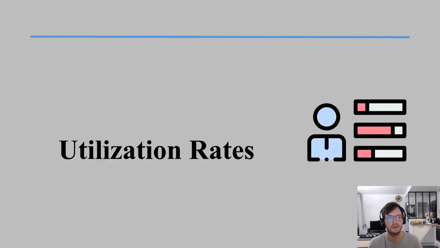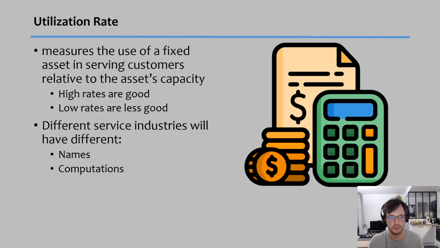The other thing I want to finish with is to talk about utilization rates. Utilization rates are measures that we use in services to analyze how a fixed asset serving the customer is being used. Let's imagine it's the same thing as using full capacity. High utilization rates are very good because it means we're using most of the ability that we have to produce the service, while low rates are typically less good.